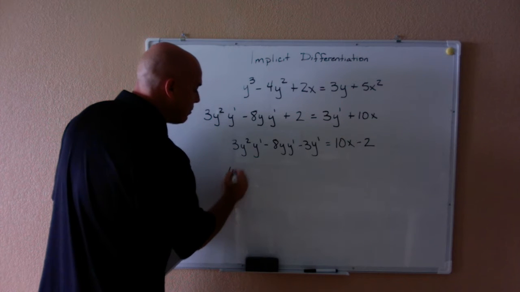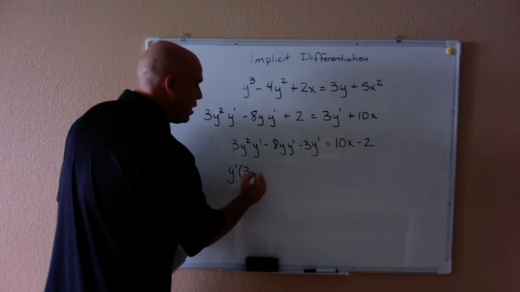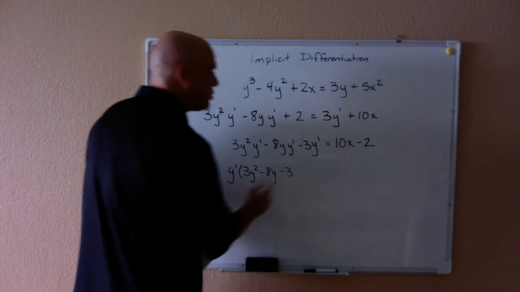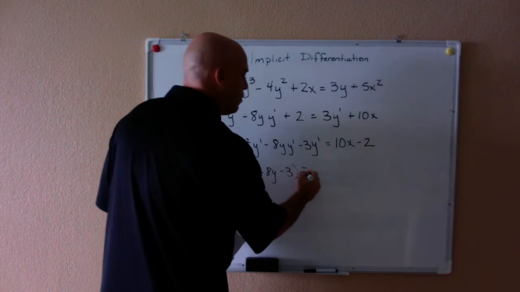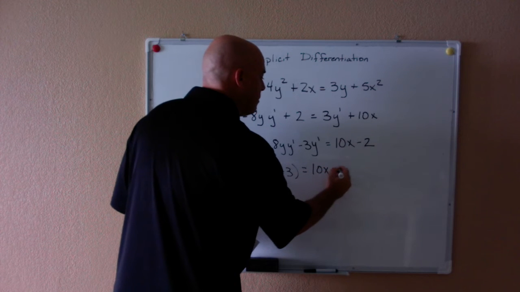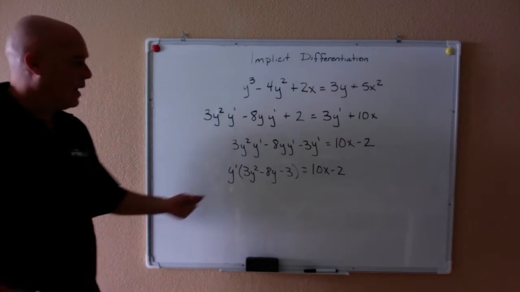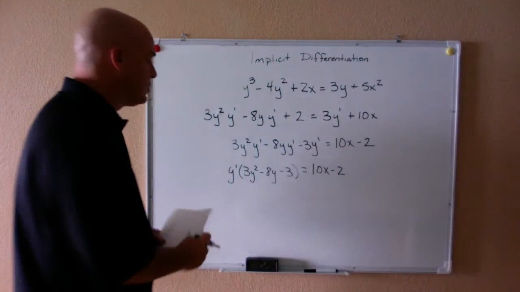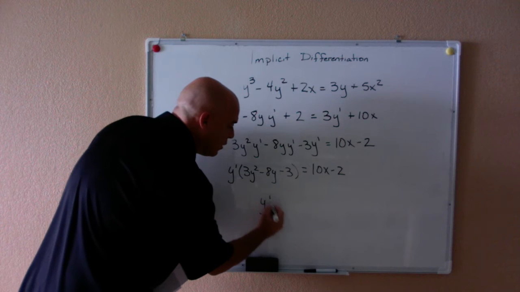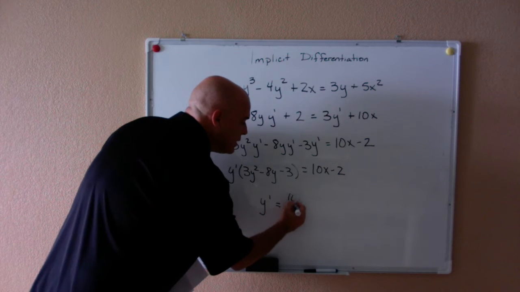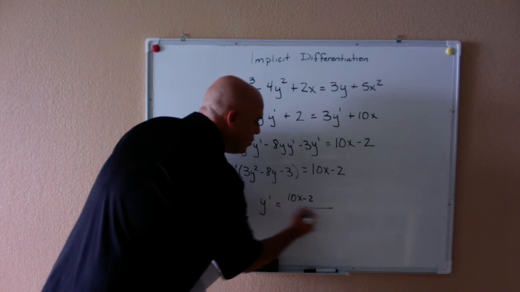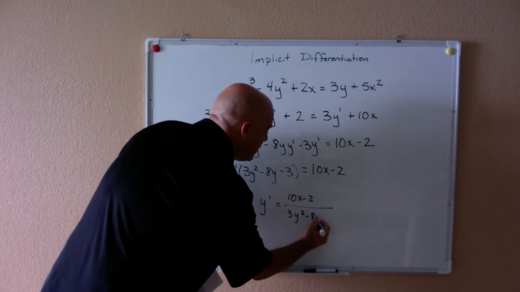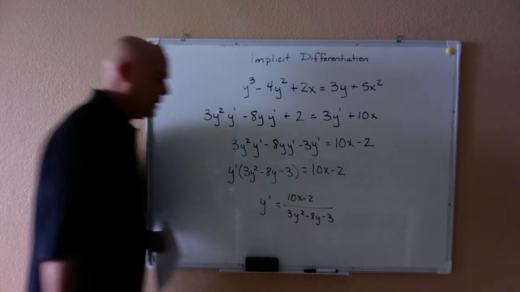That's going to give me y prime times 3y squared minus 8y minus 3 equals 10x minus 2. And now that I have the y prime factored out, I can divide by whatever that's being multiplied by, and so my derivative for this is going to be y prime equals 10x minus 2 divided by 3y squared minus 8y minus 3.